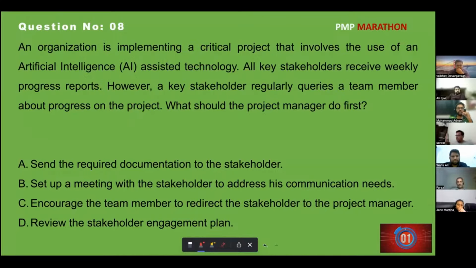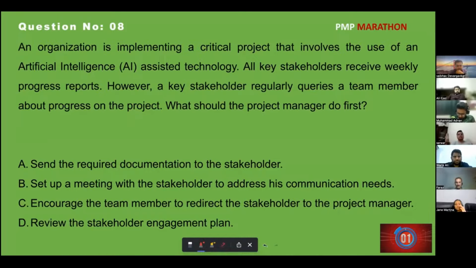They are receiving the weekly progress report, but still the stakeholder has a query and is asking about his team members. That means there is some communication gap.